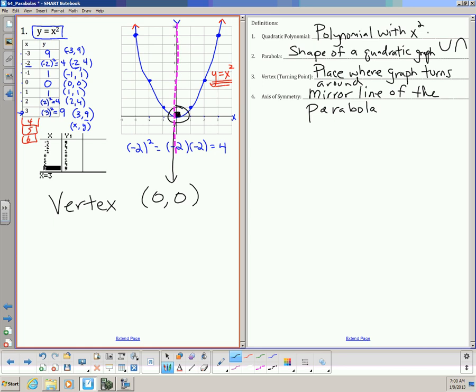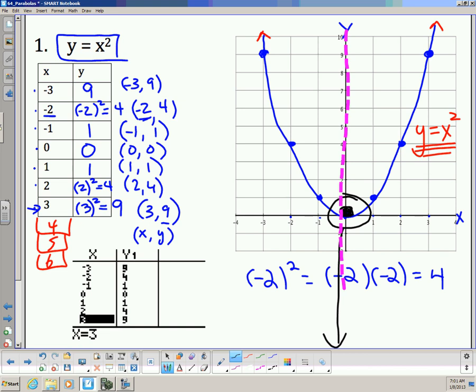If I took this line and looked at a bunch of points on it. So for example, this point is 0, 6. This point is 0, 8. This point is 0, 2. This point is 0, -1. What do all those points have in common? And the answer is their x value is equal to 0.